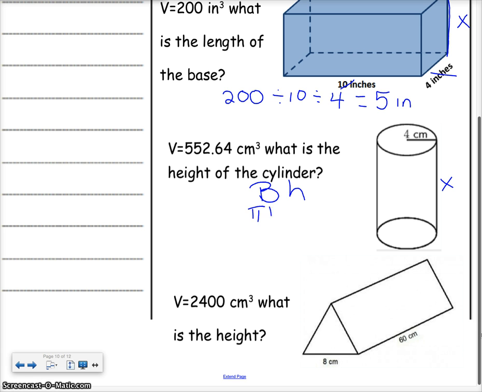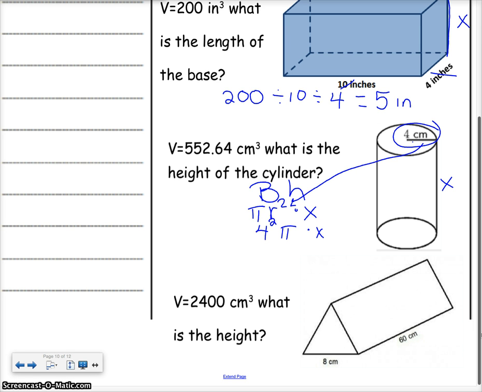So pi r squared times the height, which I don't really know. So now I got an r and an x in there. But don't worry, because I know my r, so I'll be able to fill that in. What is 4 squared? 16. So 16 can go there. So this is going to be 4 squared times pi times x.